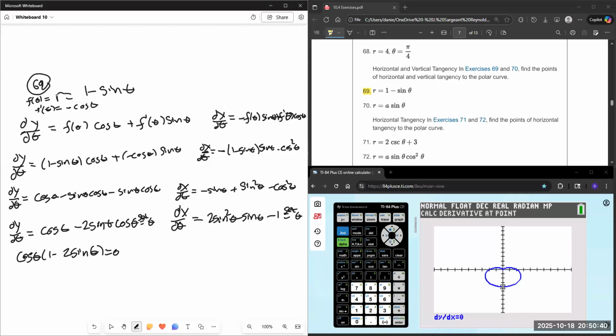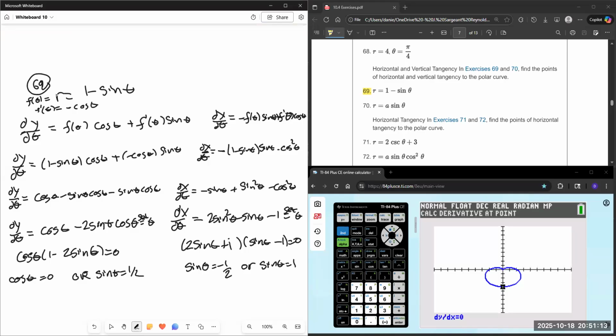And then this one is 2 sine of theta plus 1 times sine of theta minus 1 equals 0. Cosine of theta equals 0, or sine of theta equals 1/2, sine of theta equals -1/2, or sine theta equals 1.